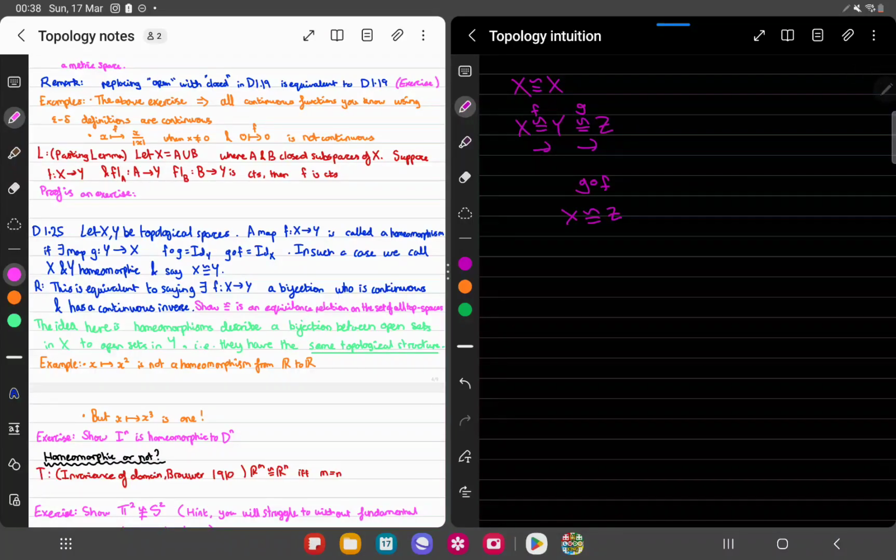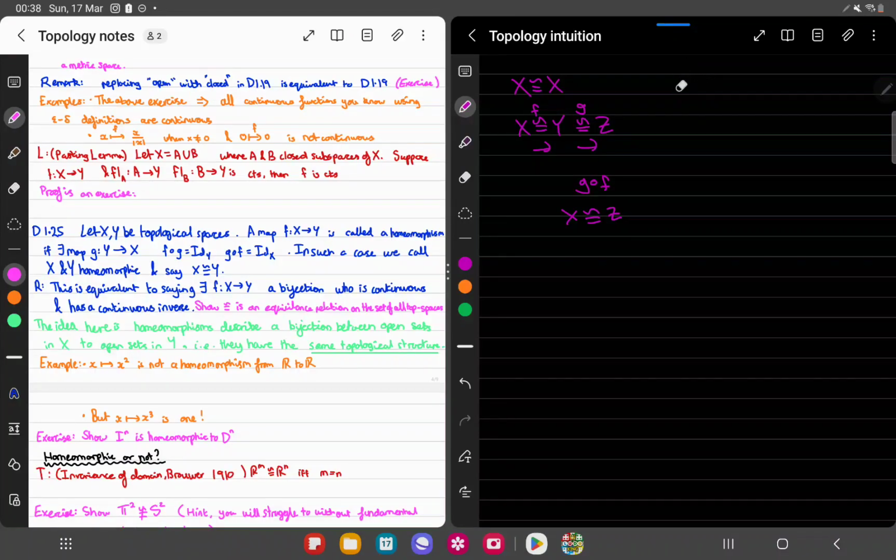And it's not hard showing that this actually is a homeomorphism. You just check that the open sets are preserved, knowing that f and g are open. So we've got transitivity. If X is homeomorphic to Y, then there's a continuous bijection whose inverse is also continuous.